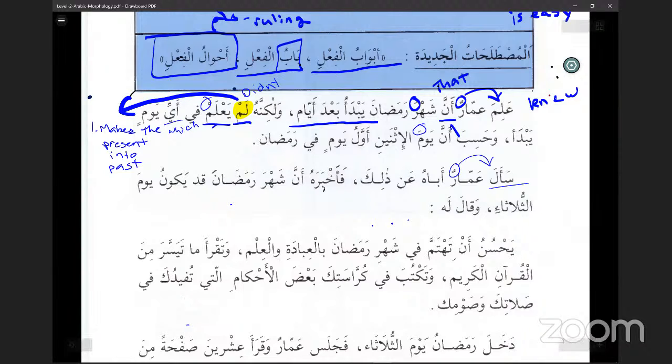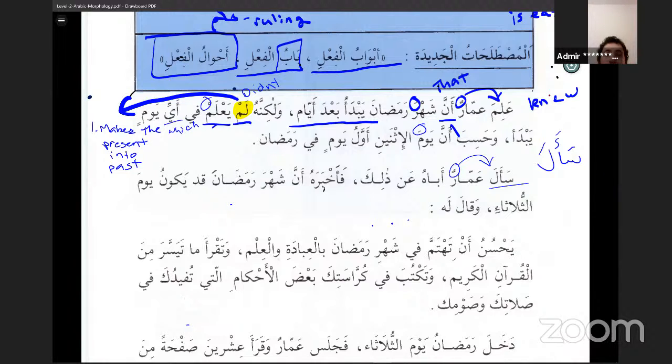Ammar asked. We've taken this before. Asked, yas'alu, is asked. So who did he ask? His father. Ammar asked his father.